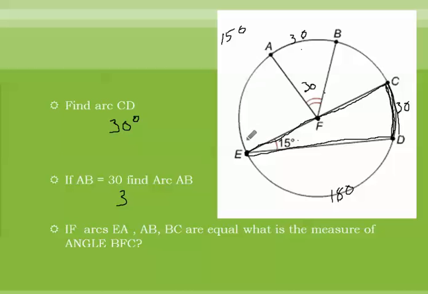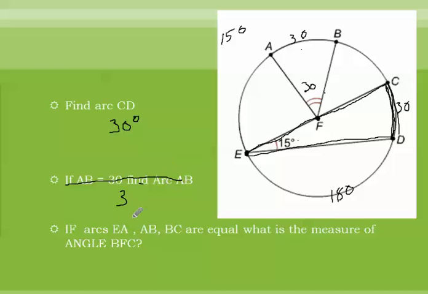Any way that we could find that? Oh, wait a second. I'm getting ahead of myself. It's telling me if AB is 30 degrees, find arc AB. Well, it's talking about if this arc is 30 degrees, what's this angle? That's what it was. This question's a little bit messed up.